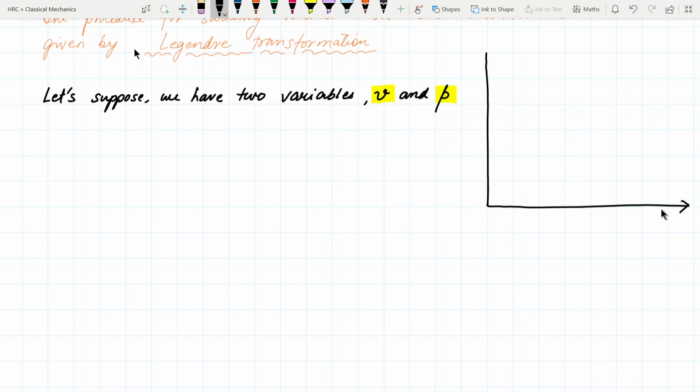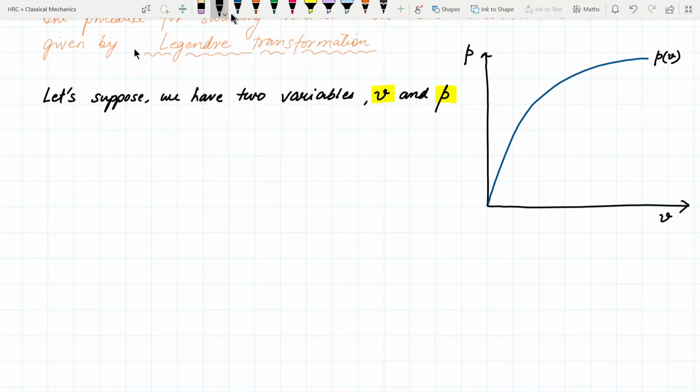So on the x-axis you have V, on the y-axis you have P, and there is some kind of a functional relationship that looks something like this. Okay? I'm just drawing the diagram here, and I'm not giving some kind of an expression as such, but there is some functional relationship of P with respect to V, it may look something like this. All right. Okay, now let us define the problem.